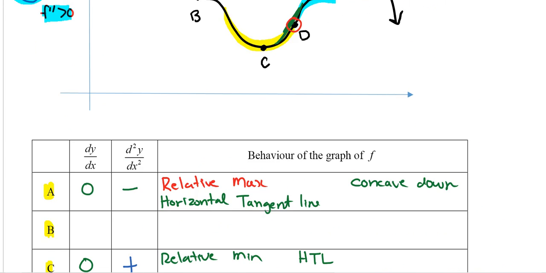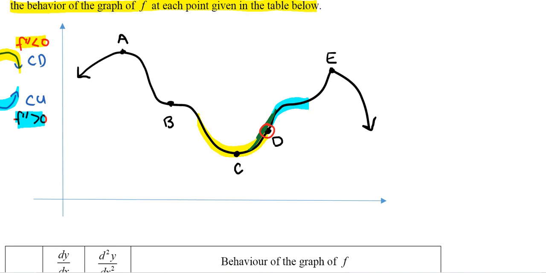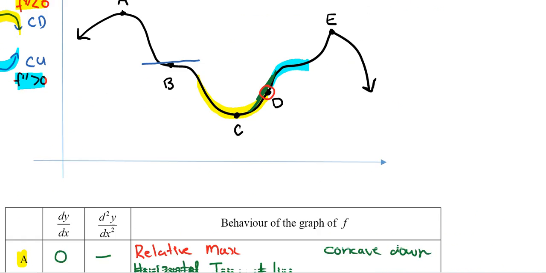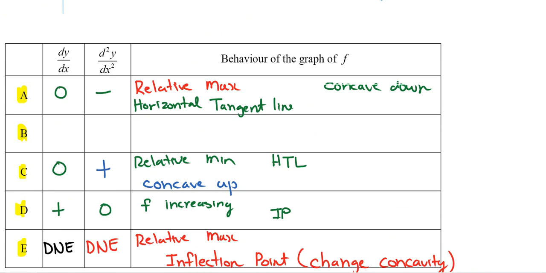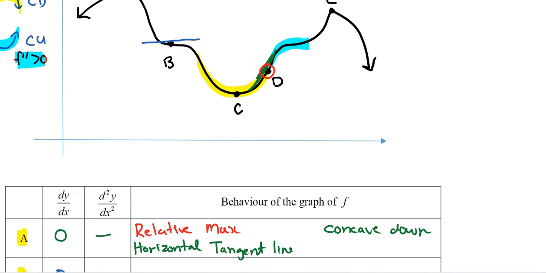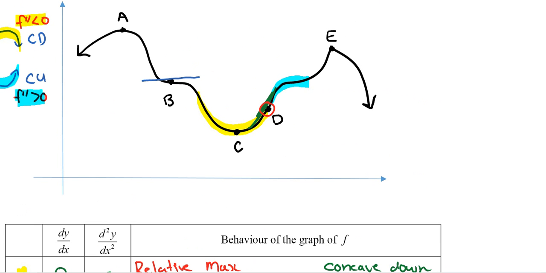And then finally for section B right here, it looks like I have a horizontal tangent line. So if I have a horizontal tangent line, that implies that my first derivative will be 0. And since you have a straight horizontal line, one other thing you can notice is that on the left-hand side, I am concave down, and on the right-hand side, it looks like I'm concave up.